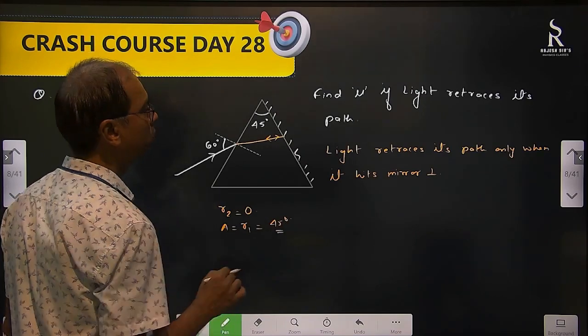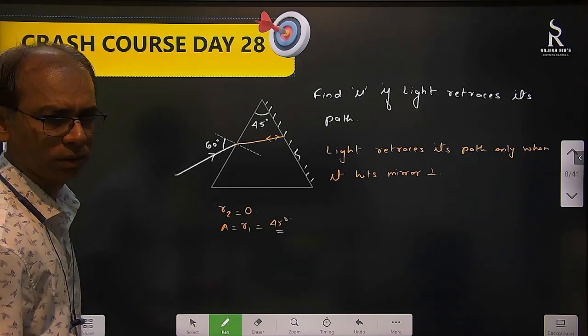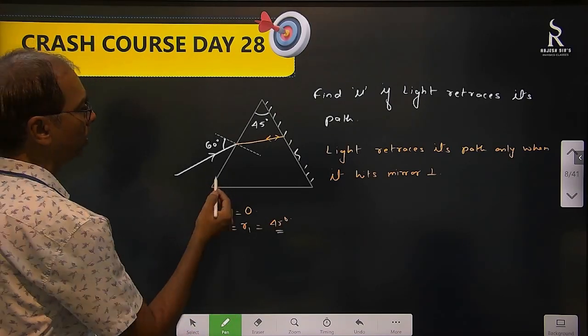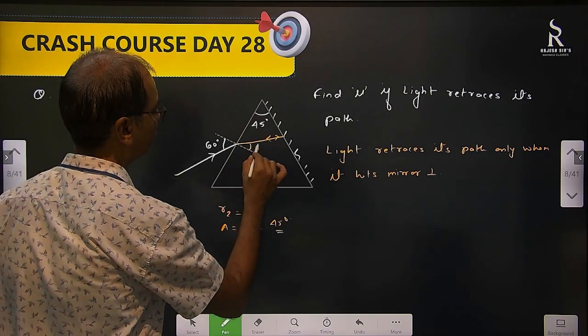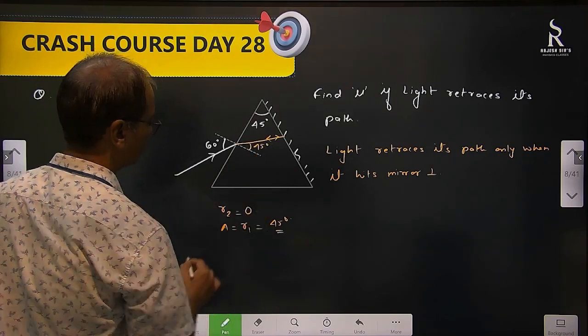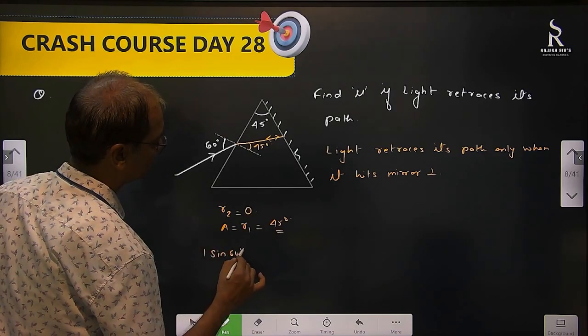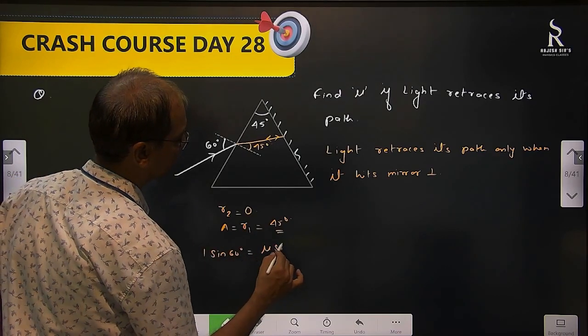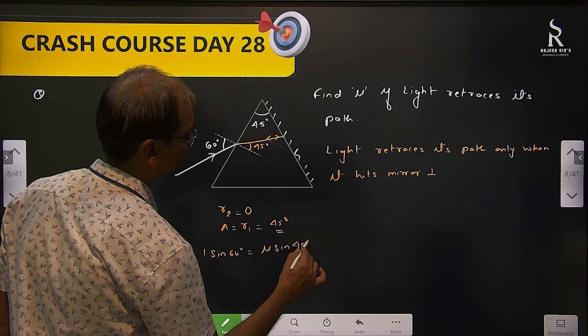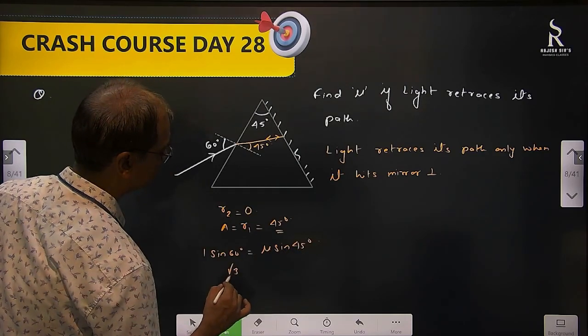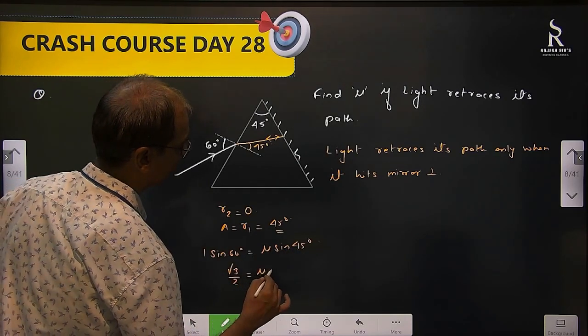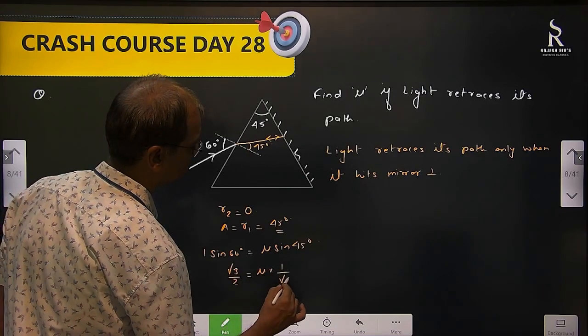What he wants is mu. That's all for the question. So the I value we know, the R1 value we know, this is 45. So 1 sine 60 equals mu sine 45. Root 3 by 2 equals mu times 1 by root 2.